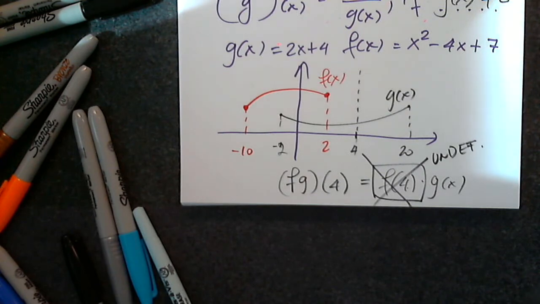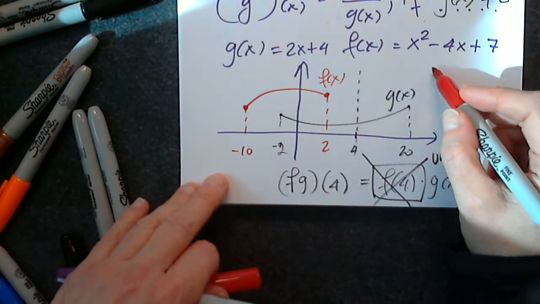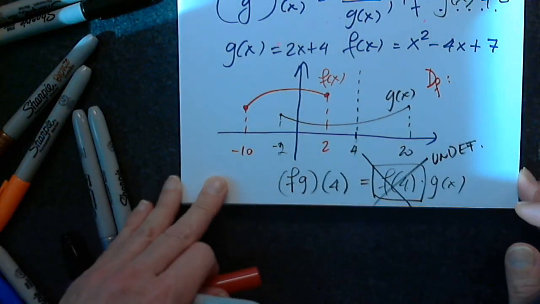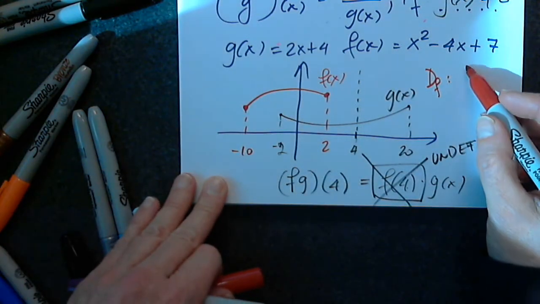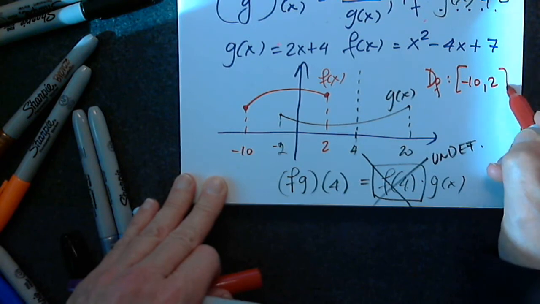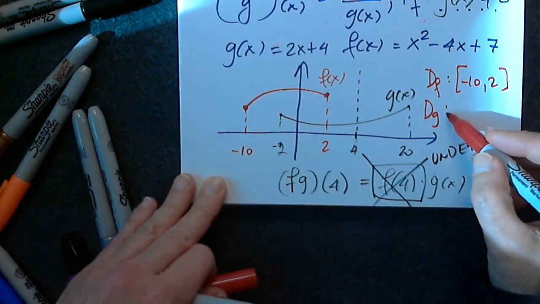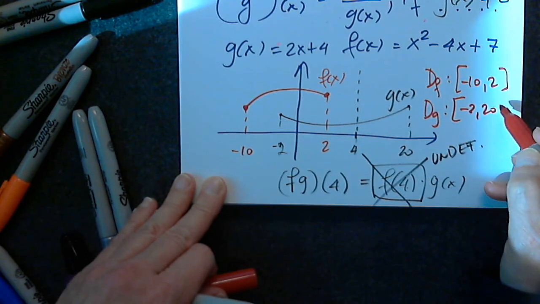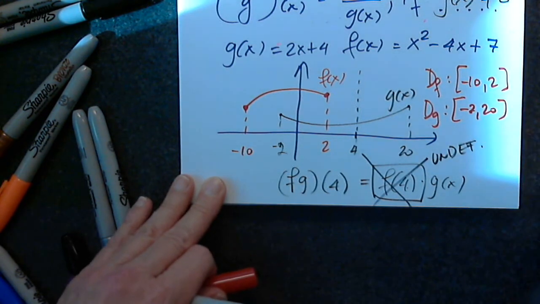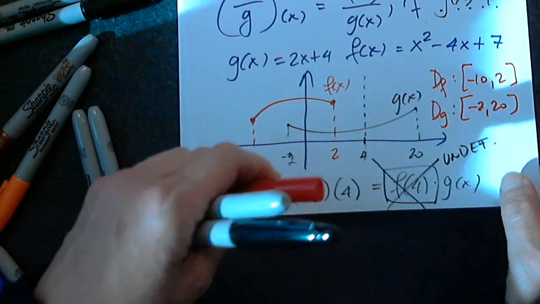So can anyone give us the domain of function f? Domain of f. Very good. Negative 10 to 2. Awesome. The domain of g, -2 to 20. Although these don't mean much, we really want the common domain.